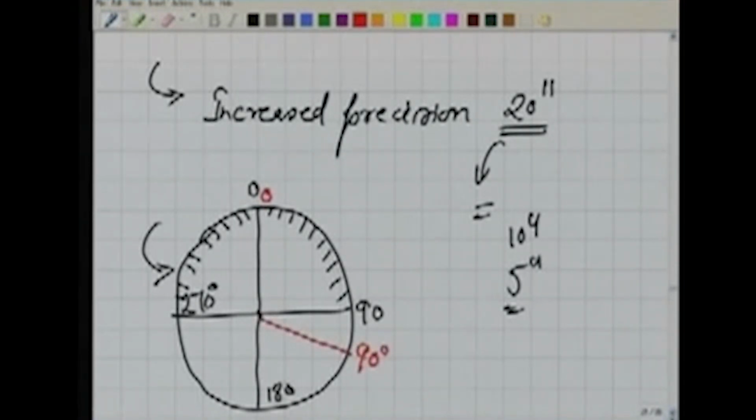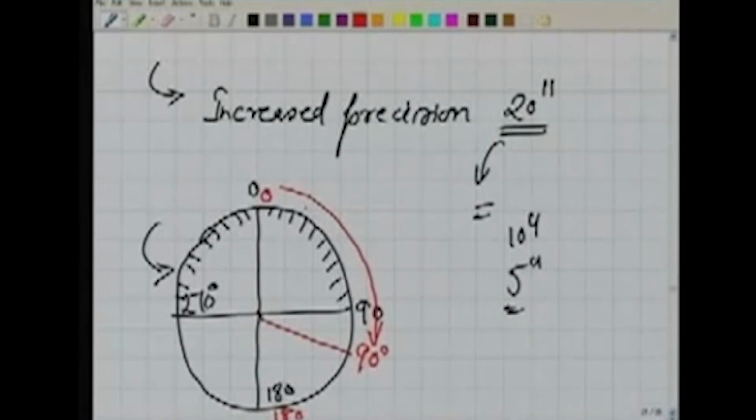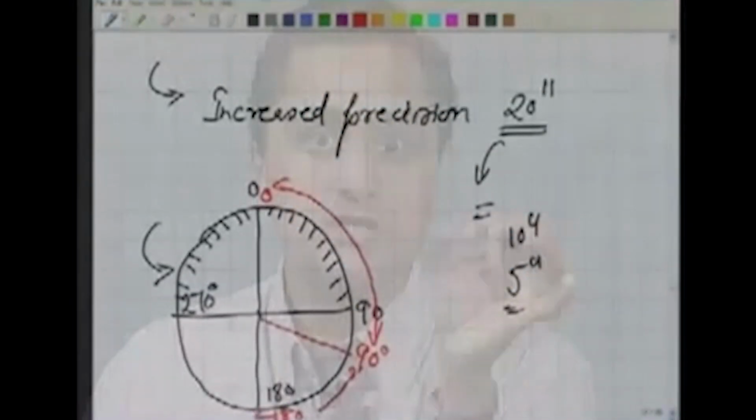I am just exaggerating it. But let us say this is the case, and the 180 is here itself, with no change. So the graduations from 0 to 90 are far apart, they are larger, while the graduations from 90 to 180 are nearer to each other.